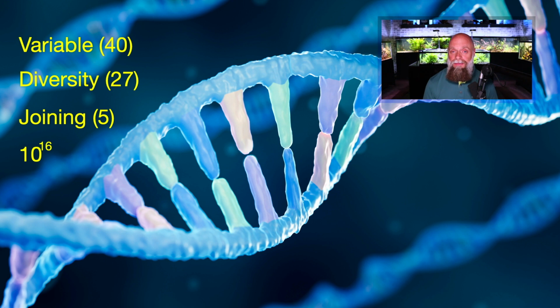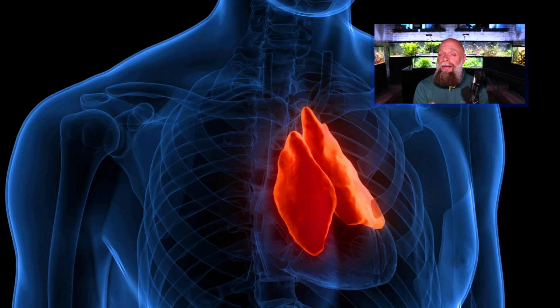Now, that does create a bit of an issue. If these variable, diversity and joining regions are being mixed and matched somewhat randomly, you could imagine a situation where you get a variable region that actually recognizes self as a foreign entity, and that would be horrible. We call that an autoimmune disease.